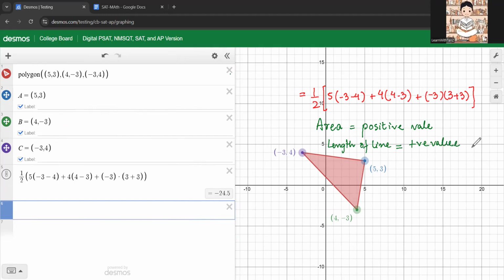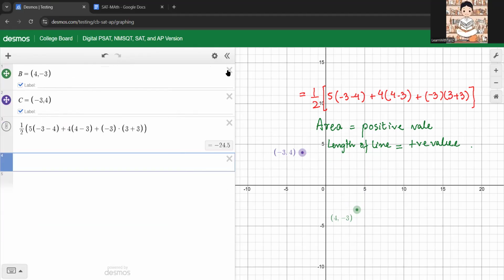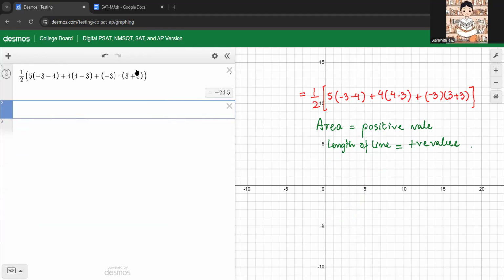Distance is a positive value. Likewise. So, see, if you just identify the points, this polygon A, B, C, you don't need to draw. Just do this thing over here, you are done. Thank you very much. Have a good day. Bye bye.